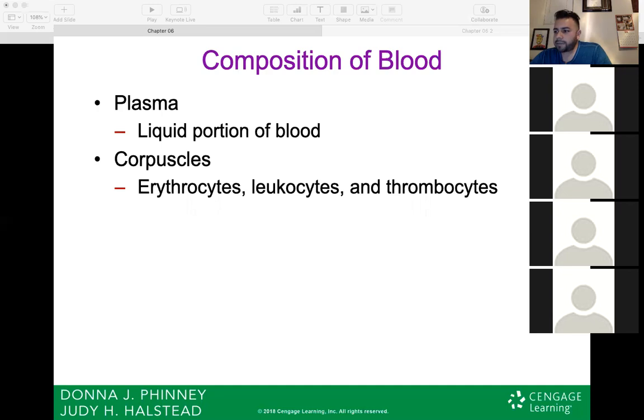The 5 types of leukocytes, which are the white blood cells, protect the body from diseases. And thrombocytes are platelets that are like fragments of cells, and they are required to form blood clots, which help to stop bleeding in case you have some type of injury that causes bleeding.